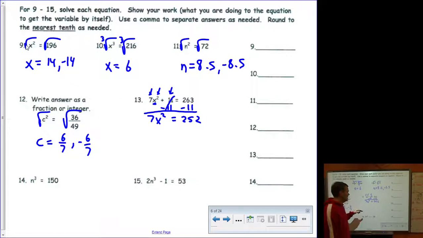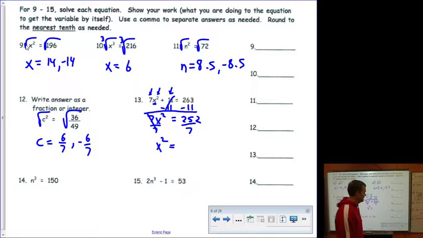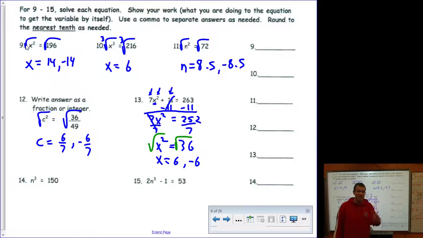Then I would divide both sides by 7 to get rid of the 7. That gives me x squared equals 36. And then I would get rid of the square by taking the square root of both sides. Then I would get x equals 6 or -6 because square roots have 2 answers.